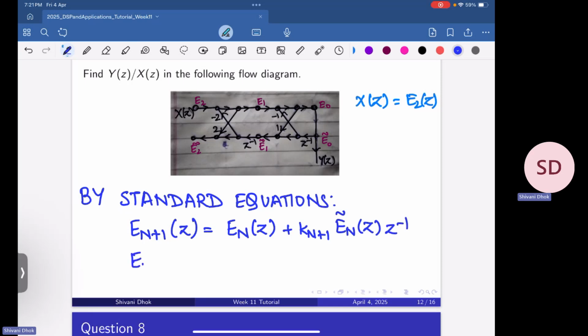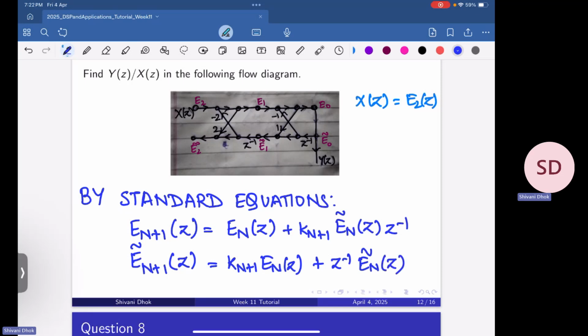Similarly, E(n+1) tilde of z is equal to K(n+1) into E(n) of z plus z inverse E(n) tilde of z.